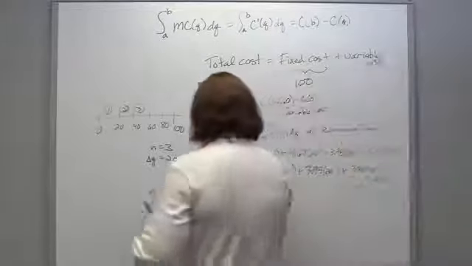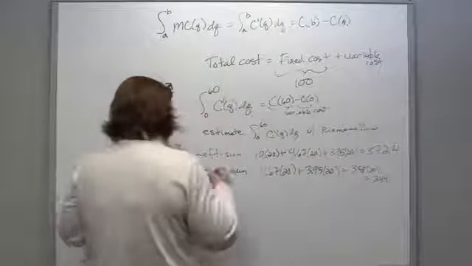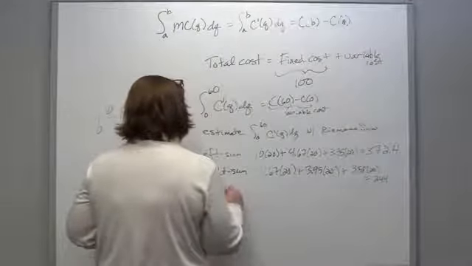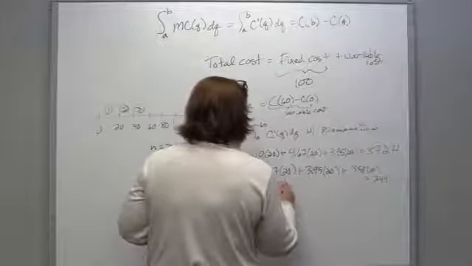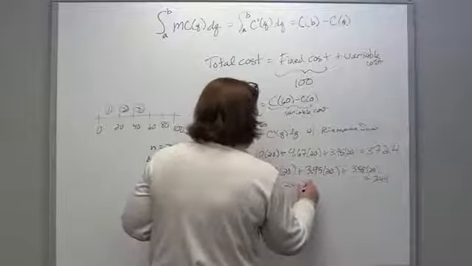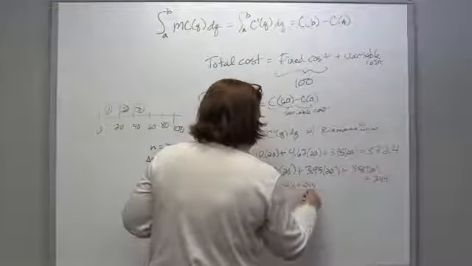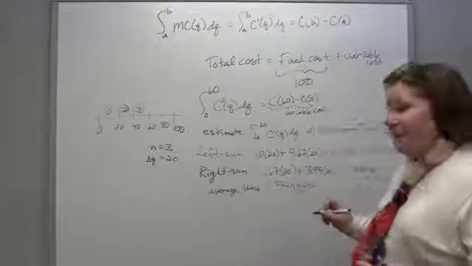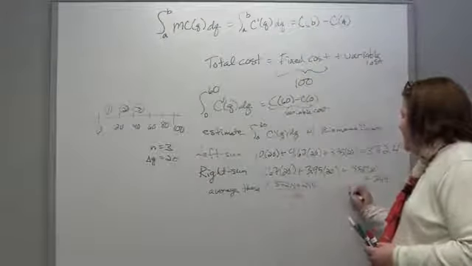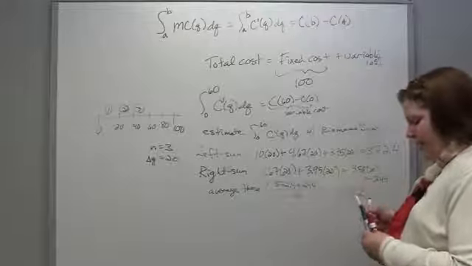And what I'm going to do is average these. So we're looking at 372.4 plus 244 all over 2. And we get maybe what some might consider a better estimate of 308.20.